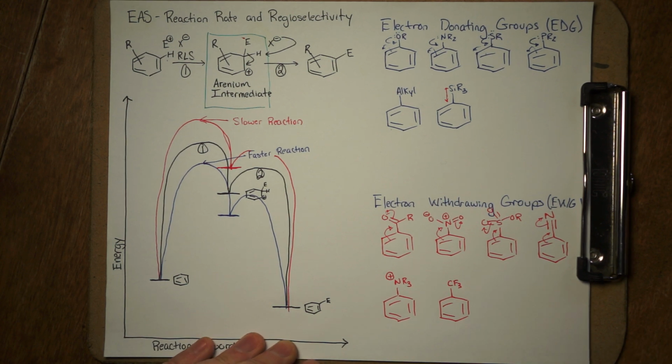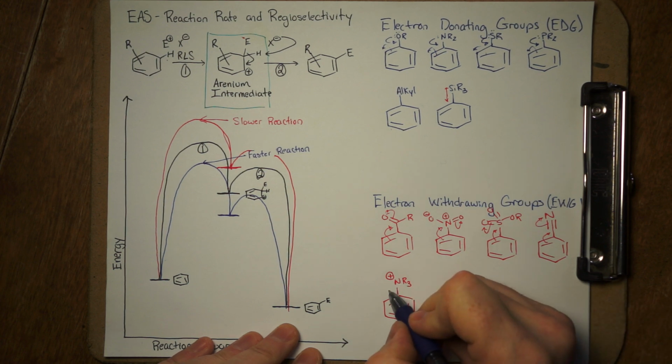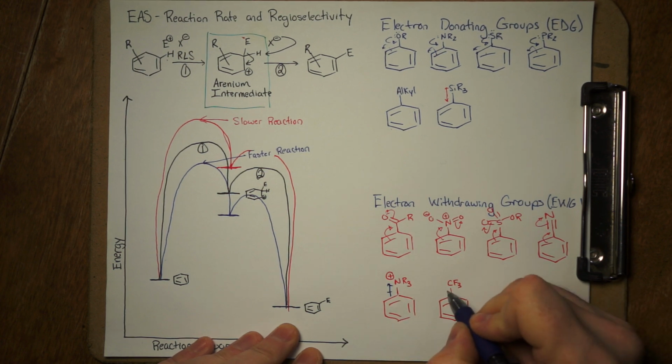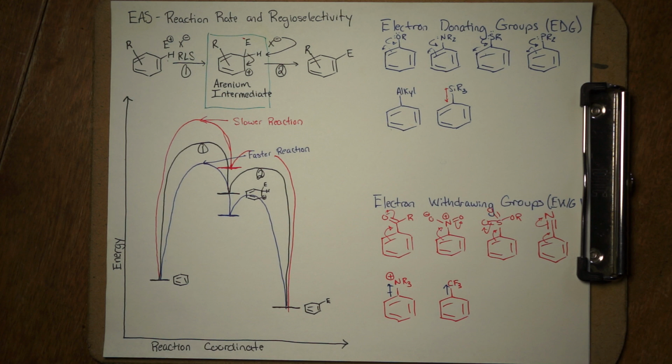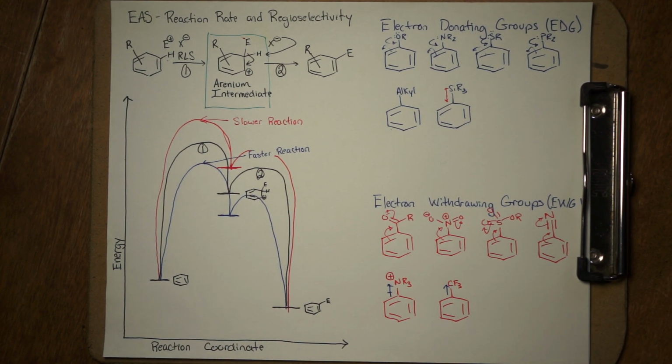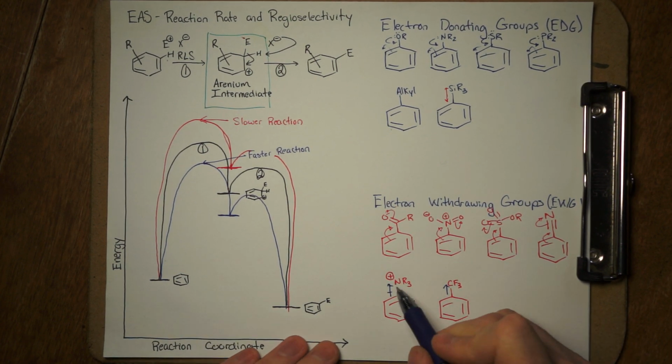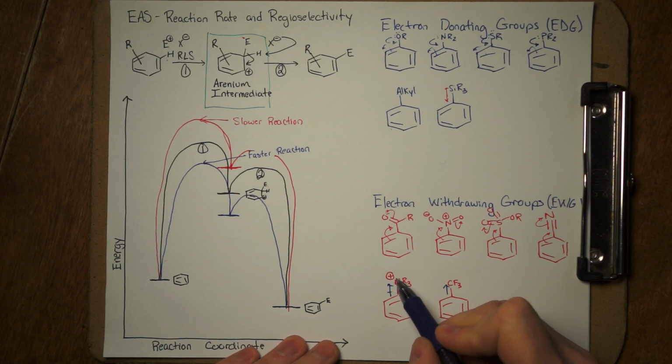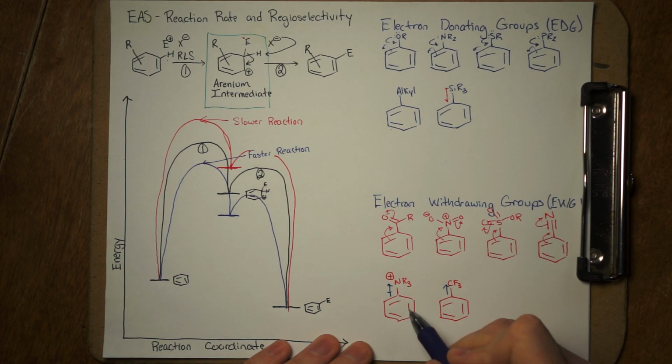All right, and so these withdraw electron density because the polarity of those groups is going to be pulling electron density out of the ring. So nitrogen with a positive charge is pulling on all of those bonds attached to it to get a pair of electrons back to become neutral. So that's going to withdraw electron density from the ring.